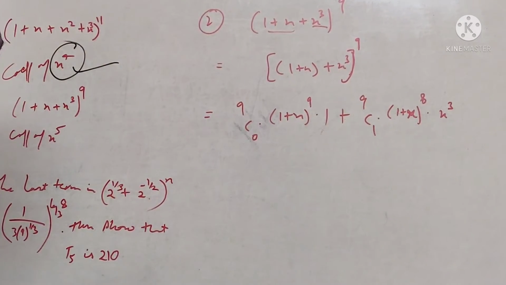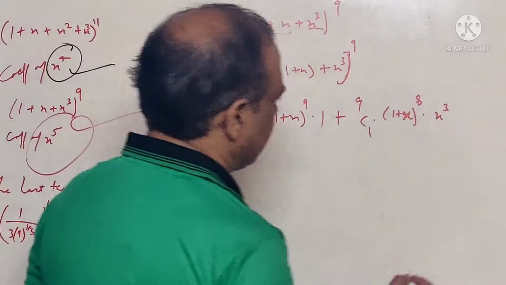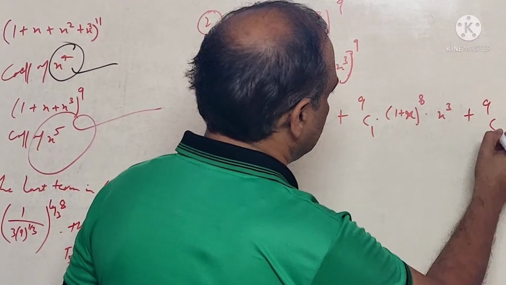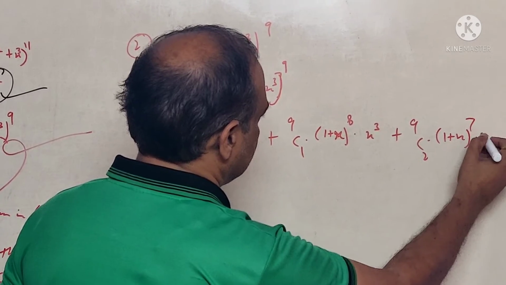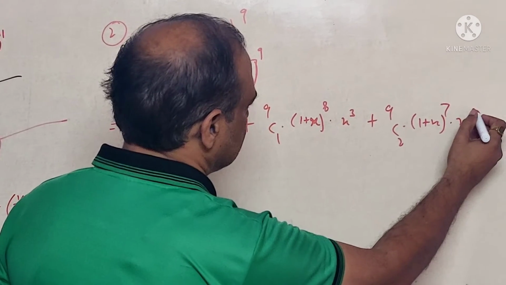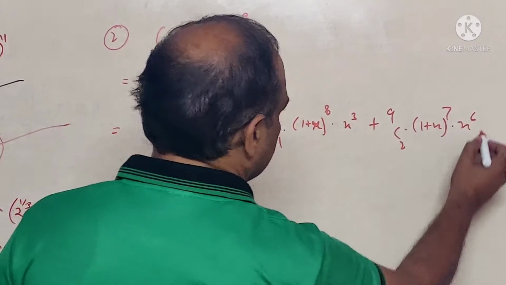Okay. We have to go with x raised to power 5. Then third term can be written as 9c2 into (1 plus x) whole raised to power 7 into x raised to power 6, 3 twos are 6, and so on.